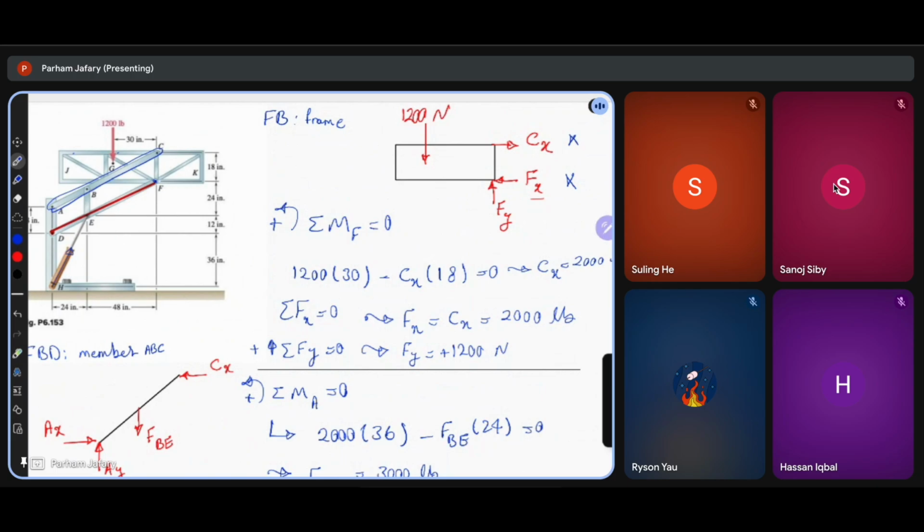And it is bearing a load, and that load is divided into x and y components. We have the x component and we want to find the y component, okay?